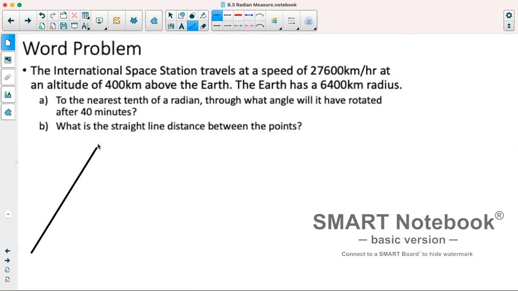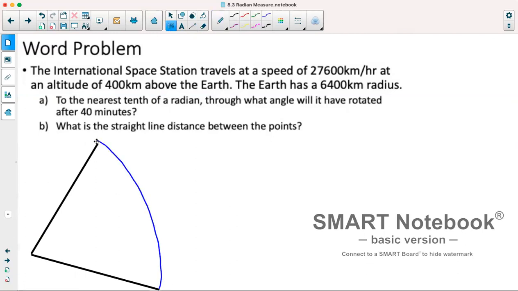So essentially, let's say this is our radius, we have this arc. It looks something like this. Our radius here would be the combination of how high it is above Earth and our radius. So this is 6,800 kilometers.